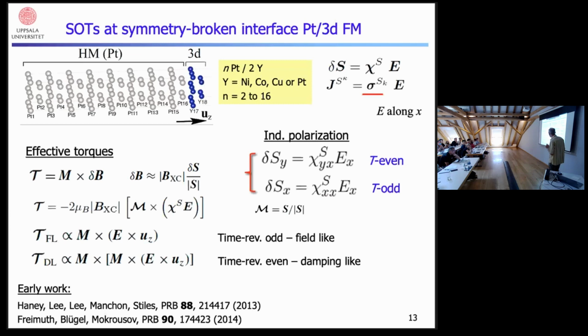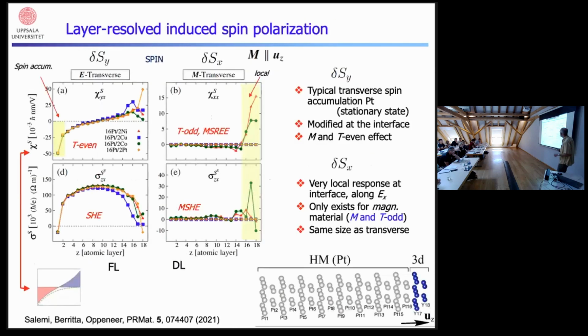We can work out this expression, and then we see immediately what kind of symmetry you have, and the time symmetry is going to determine what your torque is going to be. Working out the direction of M, we get either time reversal odd, field-like torque, or time reversal even, damping-like torques.